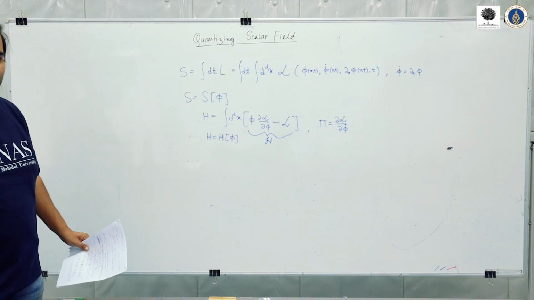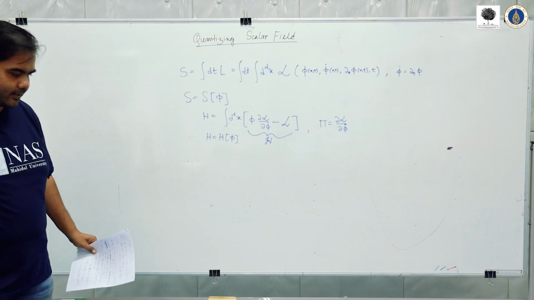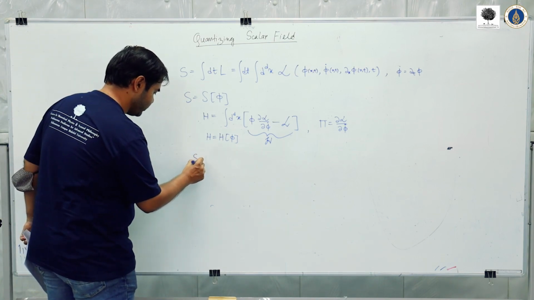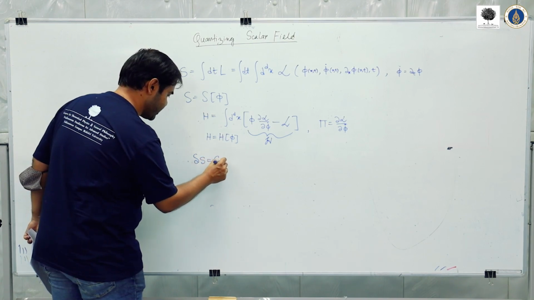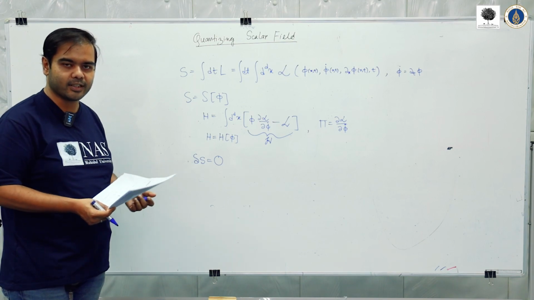Okay. So, now the equation of motion for the field system changes a little bit, although the general principle is always this, that the variation of the action vanishes for the physical process.